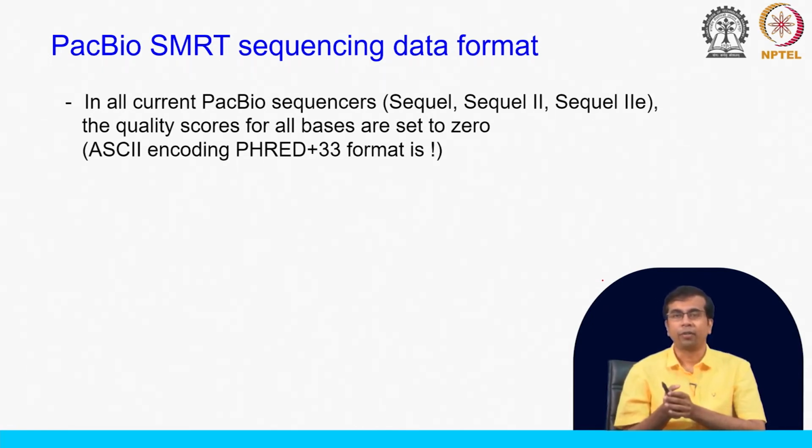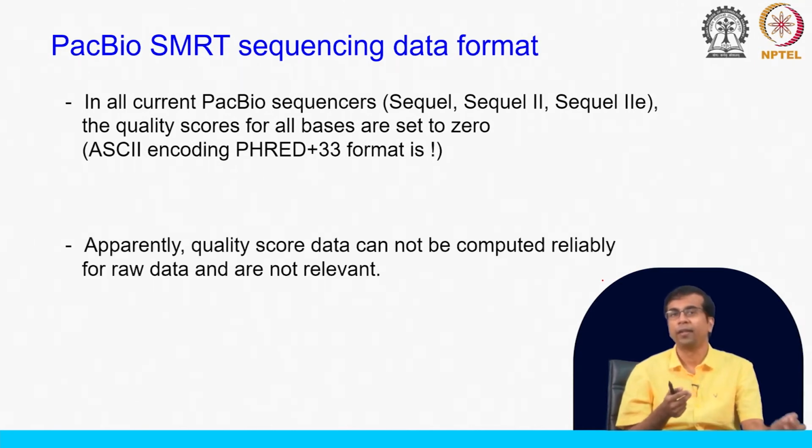So, if you download the data, you will see the quality score of all bases given as an exclamation mark. Apparently, quality score data cannot be computed reliably for raw data from SMRT, and they are not relevant. What PacBio has been suggesting is that it is actually better to look at the sequencing data itself rather than the quality score.